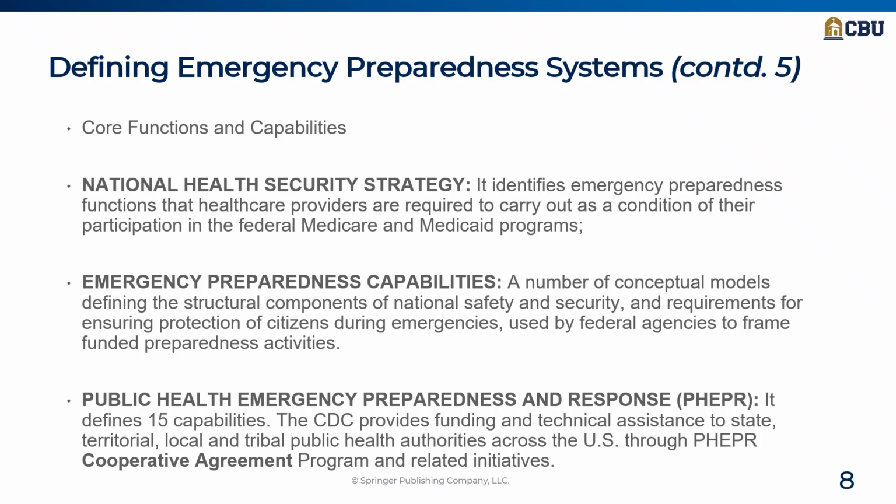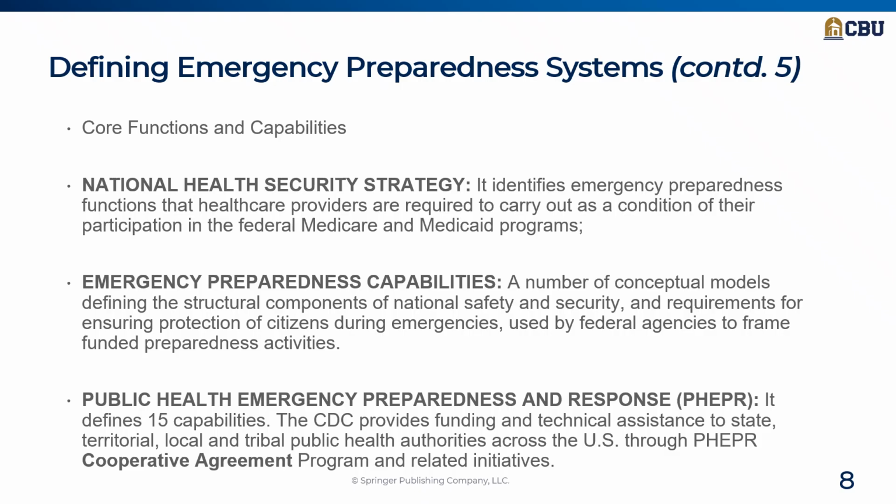They have to coordinate. So the CDC's Public Health Emergency Preparedness and Response, or PEPR, framework defines a total of 15 capabilities which fall within two tiers. Tier one capabilities function as foundational elements for public health agencies, whereas tier two capabilities build on those and extend the tier one capabilities to external partners who collaborate with public health agencies.